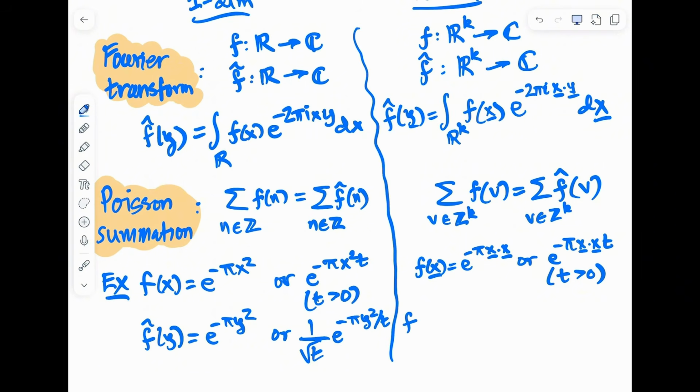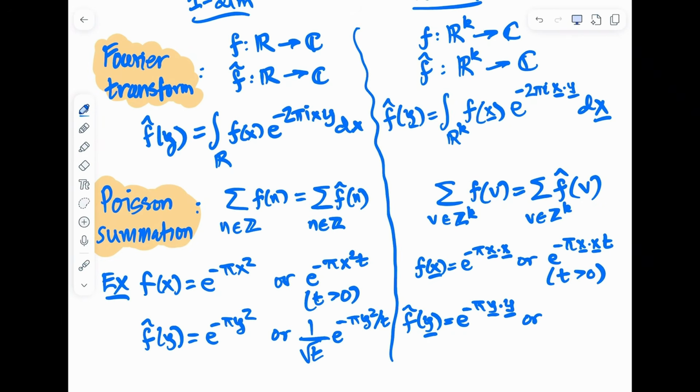Then the Fourier transform, in the first case, is the same. It's e to the minus pi y dot y. You can carry out a calculation of this because the dot product has the coordinates separated from each other. If you carry out the integral, the one-dimensional case implies the higher dimensional case.